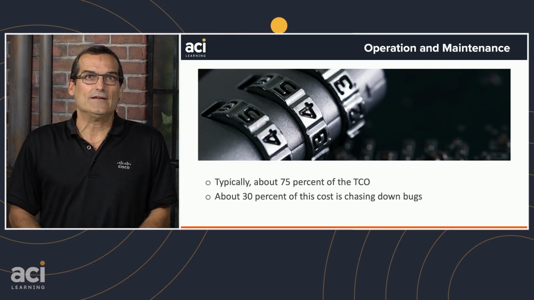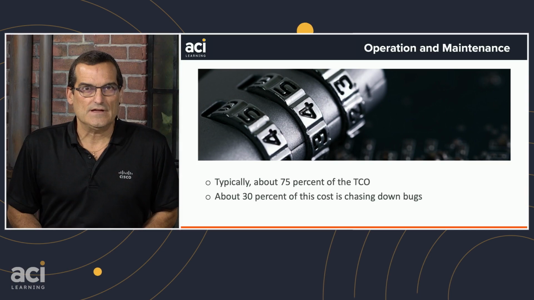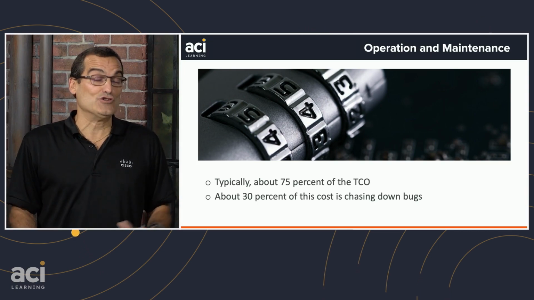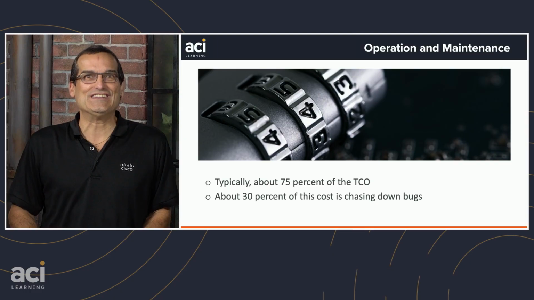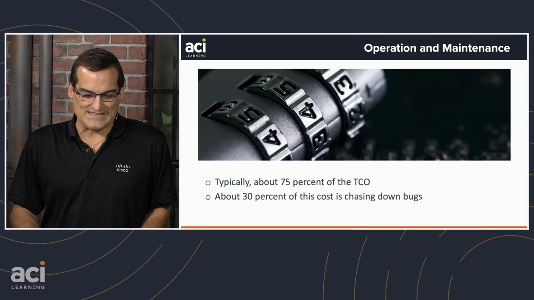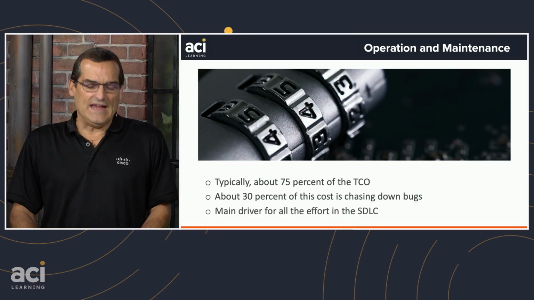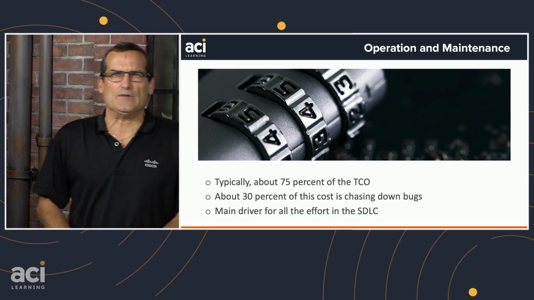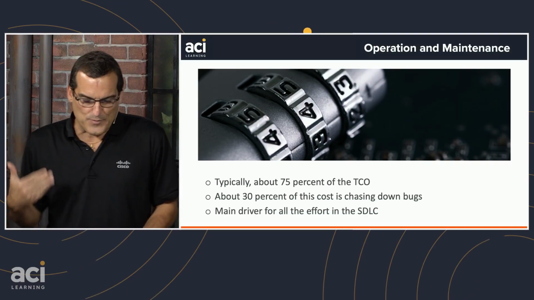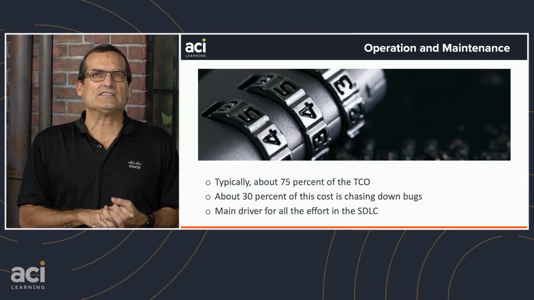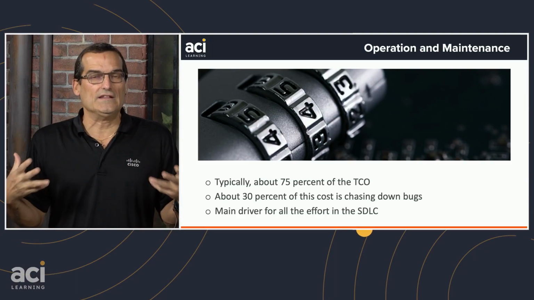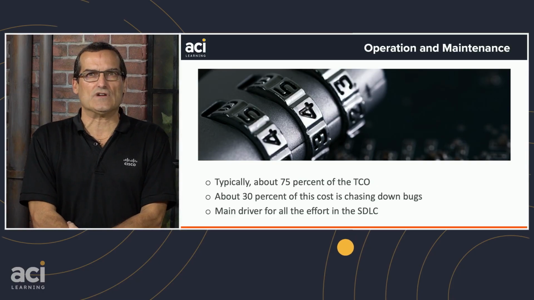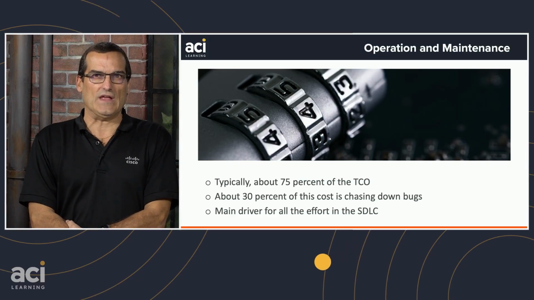About 30% of that was spent chasing down bugs. So those bugs could lead to security breaches. So we really want to help with this phase as well. In fact, it's the main reason we have the software development lifecycle. This operation and maintenance phase can really be a cost-centric thing that we want to assist with.